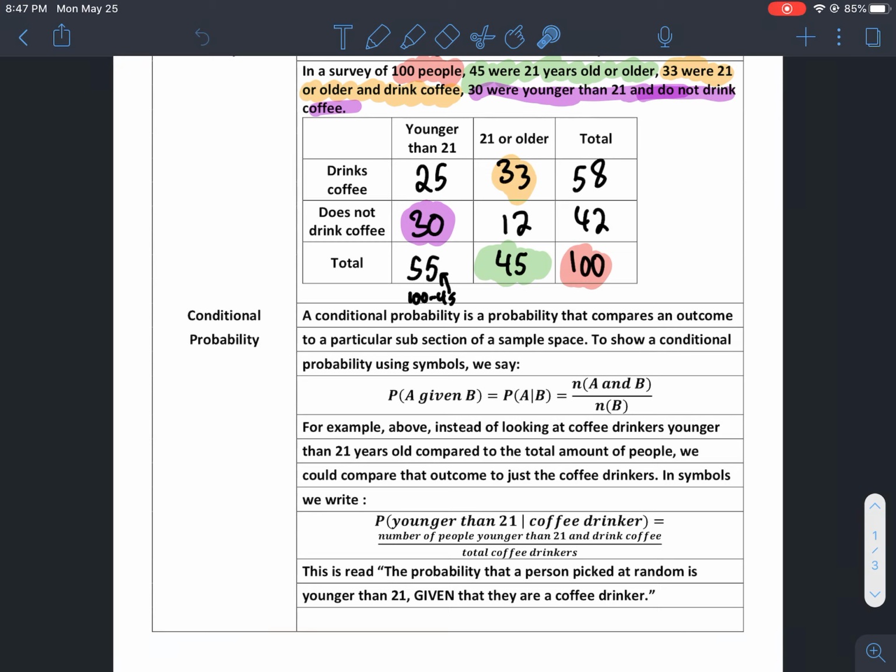The number of people who are younger than 21 and drink coffee is 25. But the total number of people who drink coffee in this scenario is 58. So 25 out of 58 coffee drinkers are younger than 21.